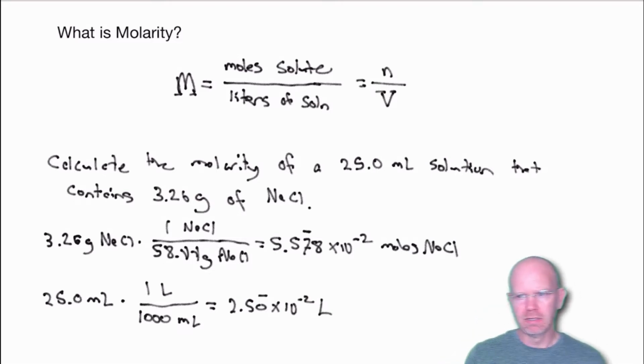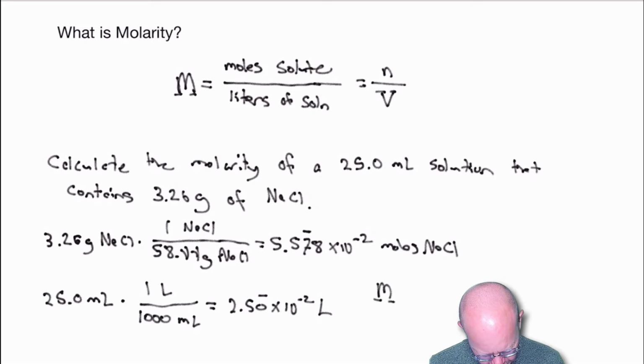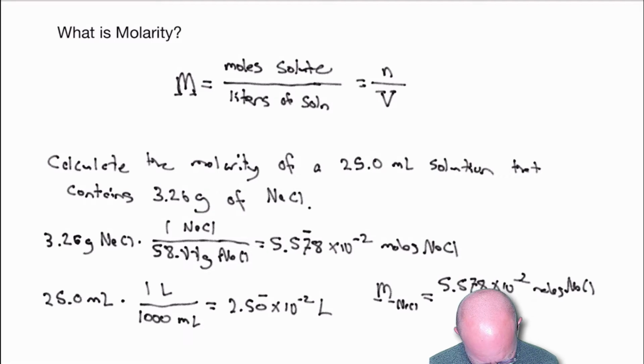Now it comes time to calculate our molarity. We have the things that we need. So the molarity of this solution of sodium chloride is equal to the number of moles, 5.578 times 10 to the minus 2 moles of NaCl, divided by 2.50 times 10 to the minus 2 liters of that solution.